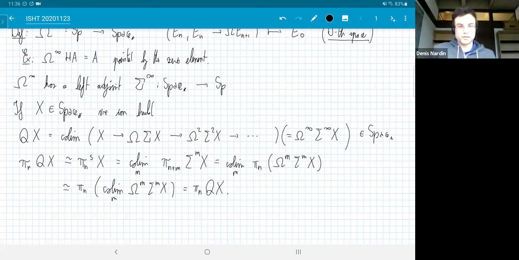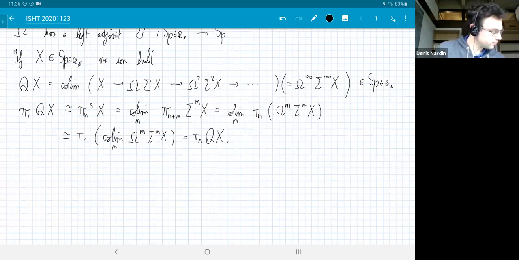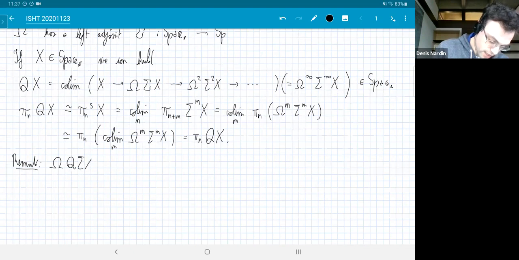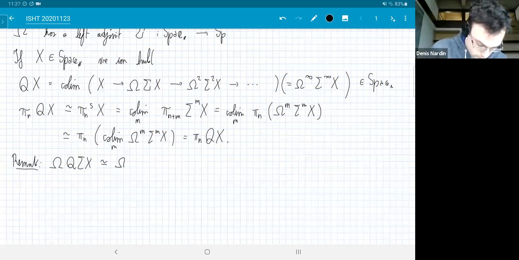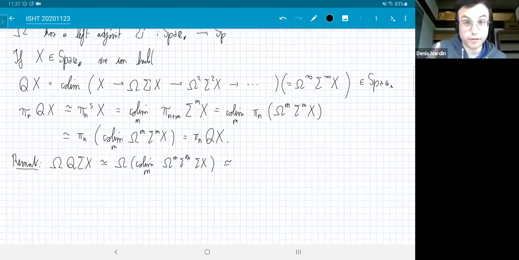And this has a map from X, of course. In particular, notice that you have omega Q of sigma X is equivalent to Q of X, just because of how we built things. Because this is equivalent to omega of the colimit over m of omega m sigma m sigma X, but omega commutes with filtered colimits.